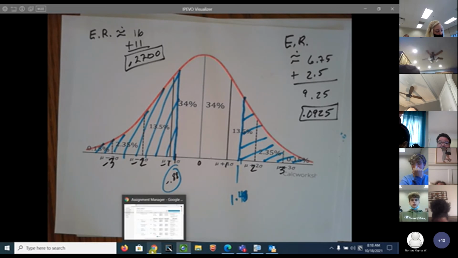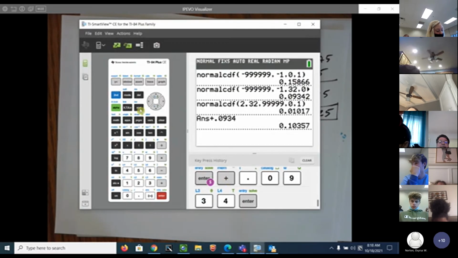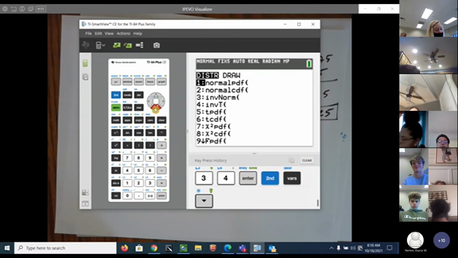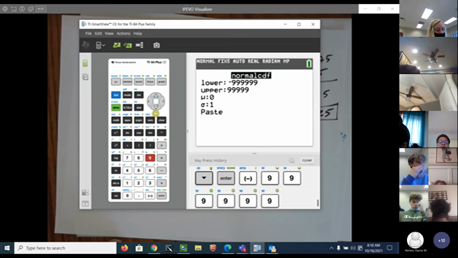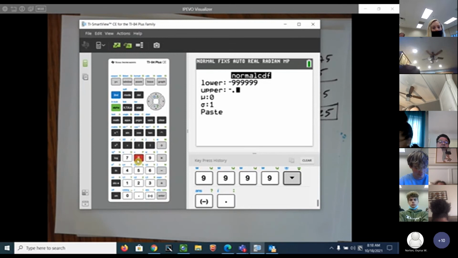So, all right. Calculator. Second vars, normal CDF, negative 9999 to negative 0.88. Empirical rule says close to 0.27.